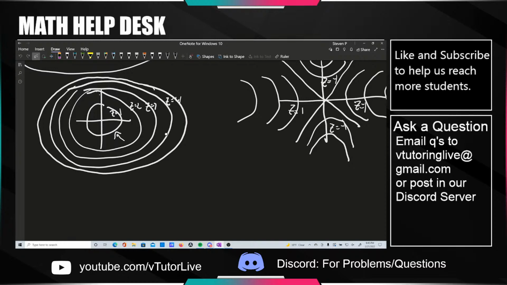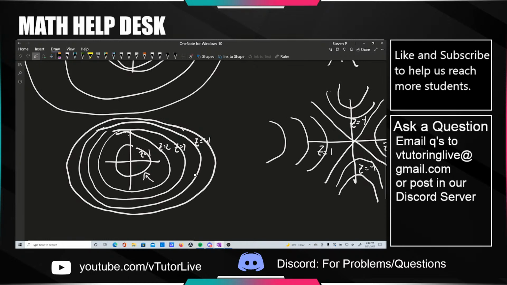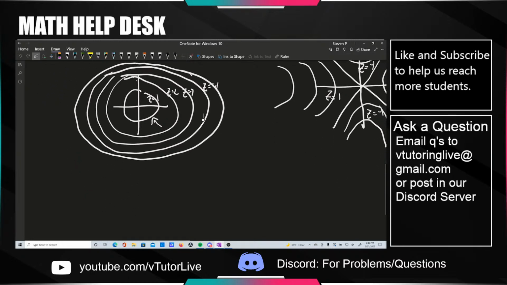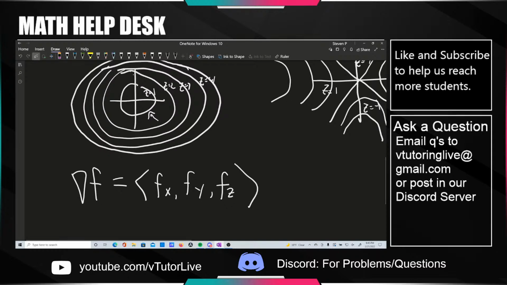So if you're being asked to find a gradient at some particular point, I'm not going to do the math for you. You can go ahead and find the gradient yourself, right? That's just going to be the partial of f with respect to x, the partial with respect to y, and I guess the partial with respect to z, but maybe not.